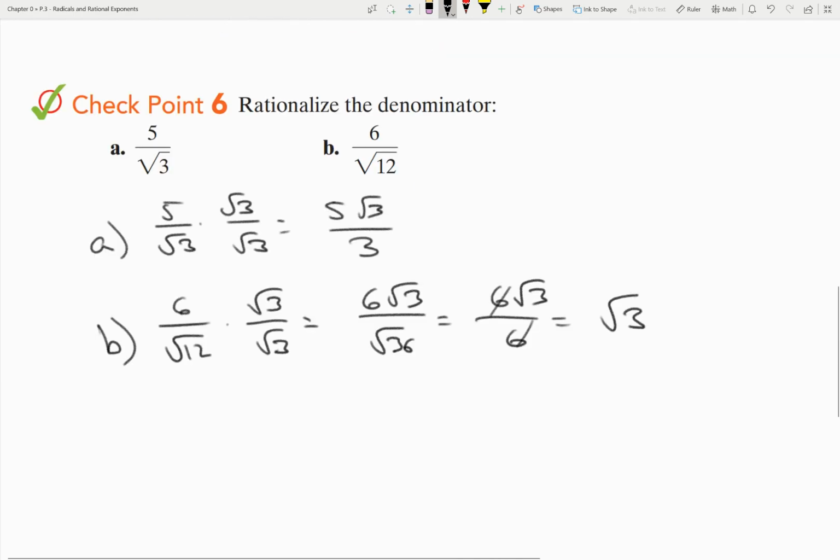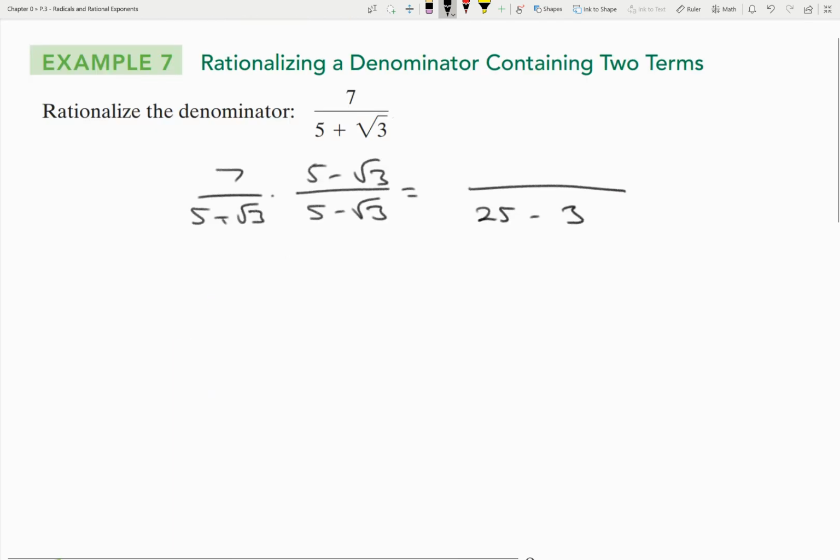Okay. Oops, wrong way. Here we go, back here. So again, we would have to square this because it's not a square root, square this, and then we're going to subtract those two terms. Here, I'm going to have to distribute. So we get a 35 minus 7 radical 3.